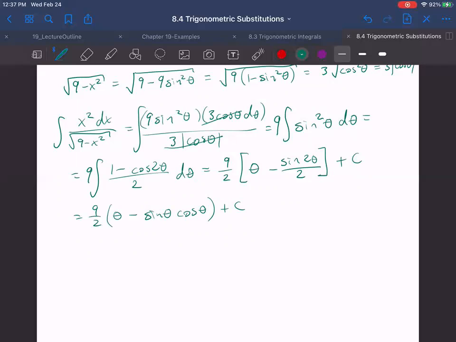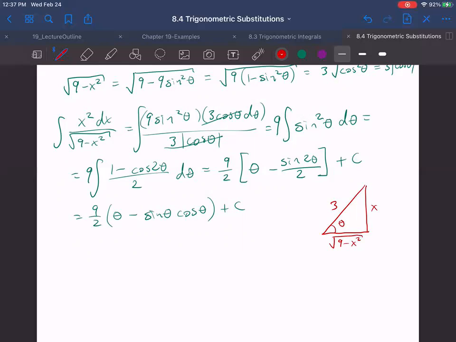And now we need to figure out what our stuff is. So we need our reference triangle. All right, our reference triangle, go to red. It looks like this, right? Where we had a over here, which was 3, this was theta, this was x, and then this was square root of 9 minus x squared.